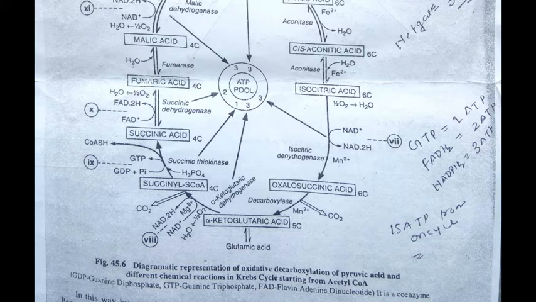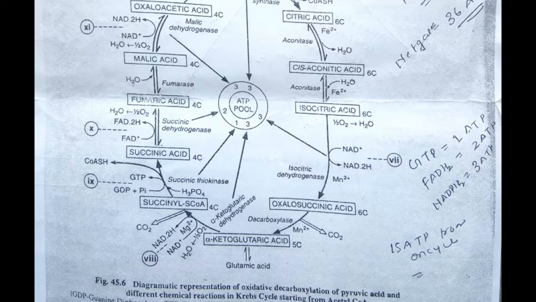This is converted into succinic acid by using the enzyme succinic thiokinase, and here GTP is produced. What energy molecule is produced? It's GTP. What is the full form of GTP? It's guanosine triphosphate.